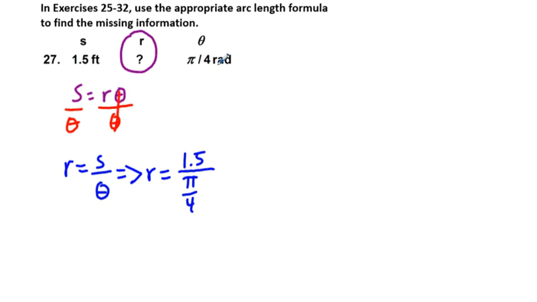It says RAD. And what we have is dividing by a fraction is the same as multiplying by its reciprocal. So instead of dividing 1.5 by pi over 4, we can multiply by 4 over pi. And what we have here is 4 times 1.5 is 6. So we have 6 over pi, and our units are feet.